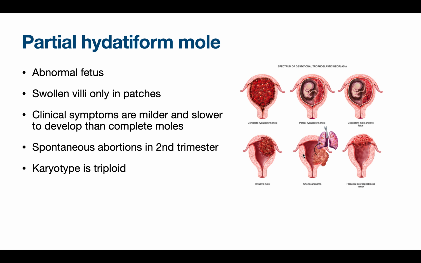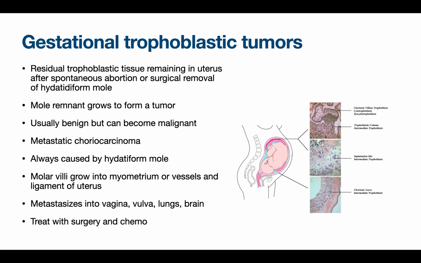And then the placental site trophoblastic tumor is a trophoblastic tumor that is only in the placental site, near the ostium of the tubes. So the clinical symptoms are milder and slower to develop than the complete moles, and the spontaneous abortions generally happen later. The karyotype of the fetuses is triploid.